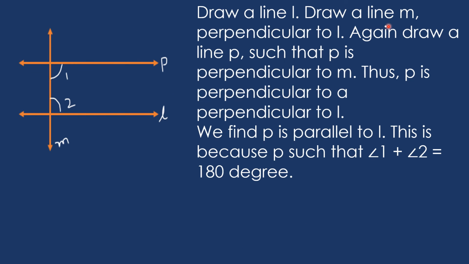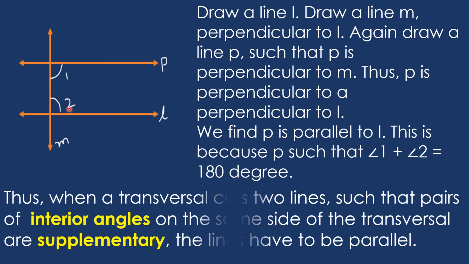Draw a line L and draw a line M which is perpendicular to line L. Again draw a line P such that P is perpendicular to M. Thus P is perpendicular to M, which is perpendicular to L. We find P is parallel to L. This is because angle 1 plus angle 2 equals 180 degrees.